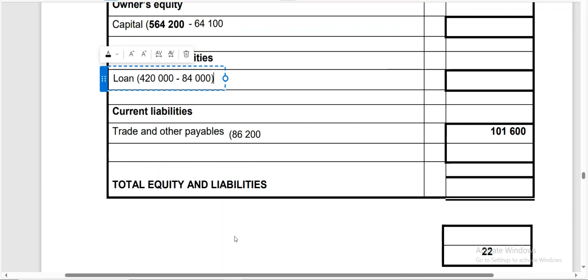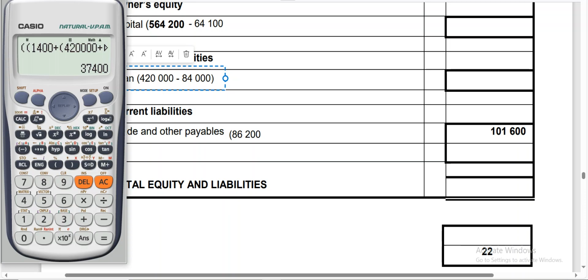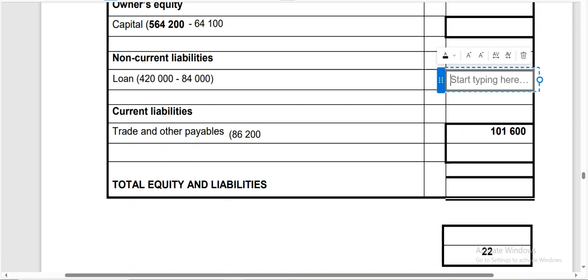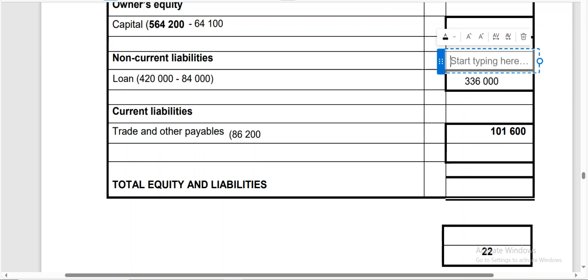Now guys, let's check what is the answer that you're going to get. If we say 420,000 minus 84,000, we are going to be left with 336,000. So meaning that our long-term loan will be 336,000. So I'm going to put it here and then put it on the total here at the top of the box to show that our non-current liabilities is 336,000.